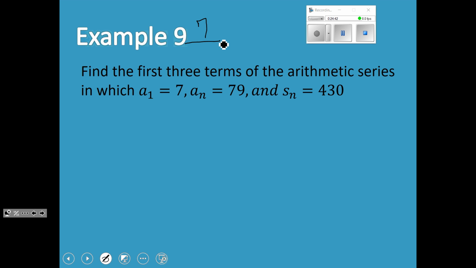Here's our first term, and we want the first 3 terms. So if I knew my common difference, this would not be an issue. So my question is which formula do I start with? And I would say, let's start with S sub n because I've been given the sum.